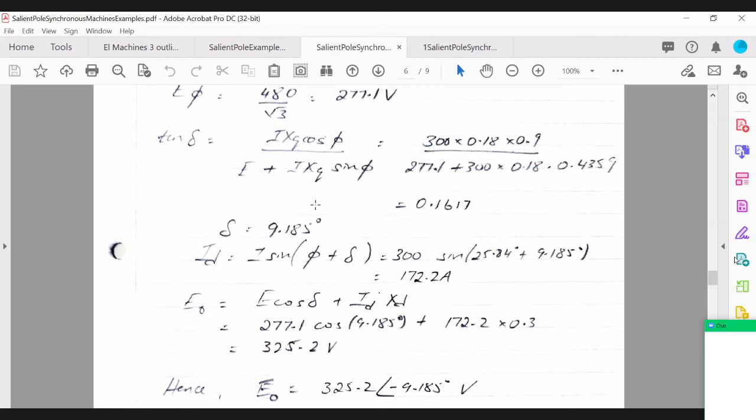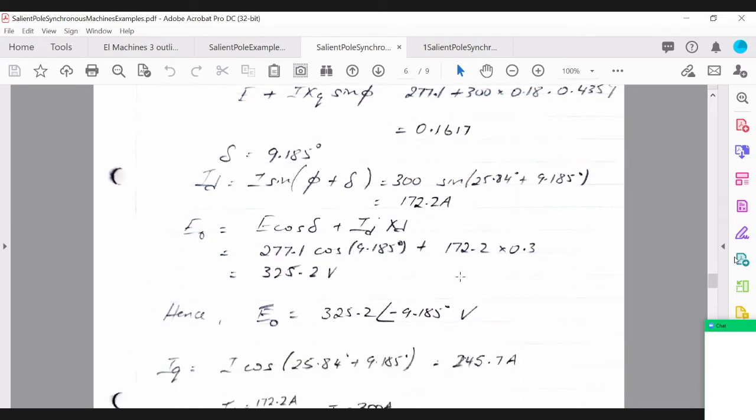Okay, so ID is I sine of phi plus delta, and from our analysis in the previous cases, we can substitute the value of phi as well as delta, and then look at the d-axis current, which comes out to be 172.2 amps. Okay, so if we worked out the current ID, we can then work out the induced voltage.